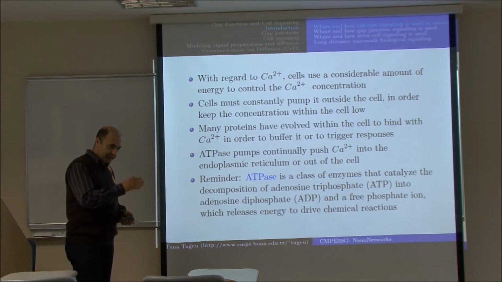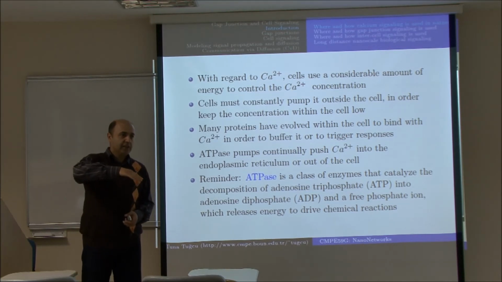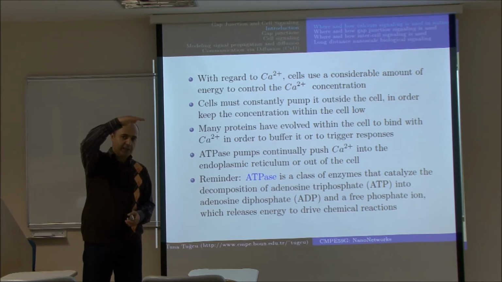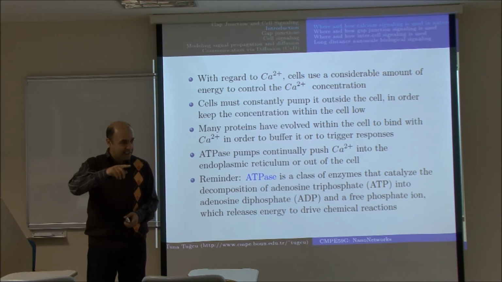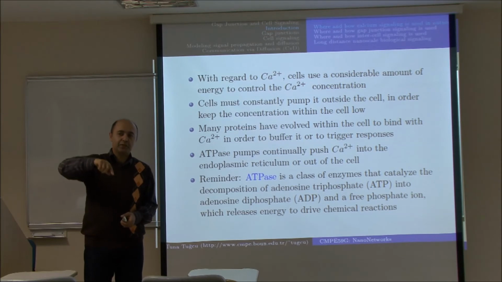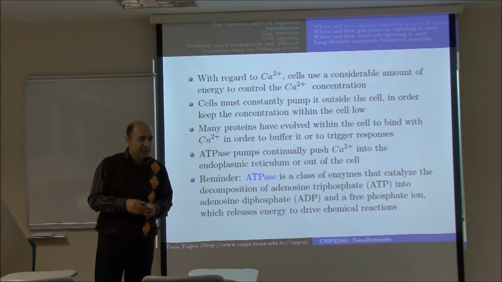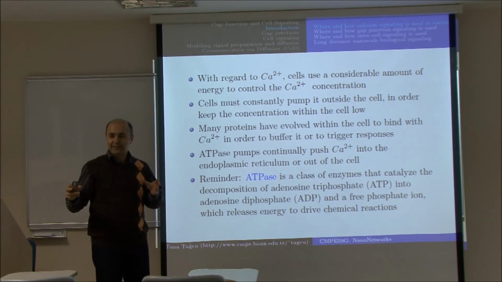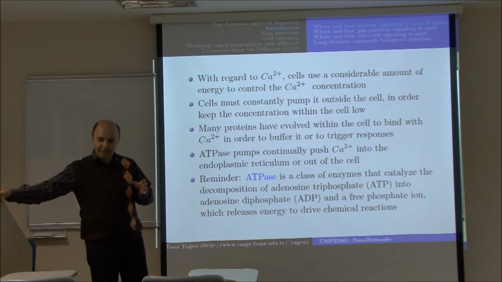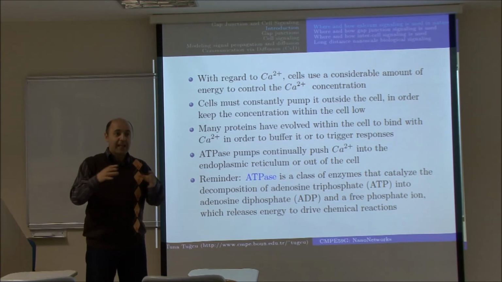Now, if the cells are side by side, if the calcium ion concentration increases in my cell and then decreases, meanwhile I trigger my neighbor, so that in that cell, again, the calcium ion concentration increases and decreases. This is like having the Mexican wave in the stadium. You've seen this many times in soccer games, for example.